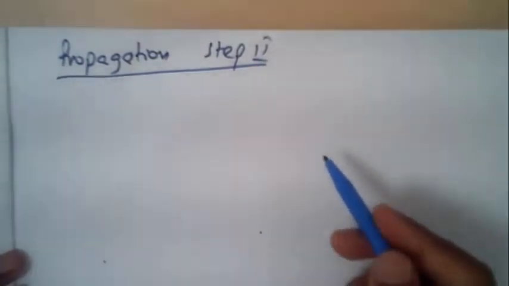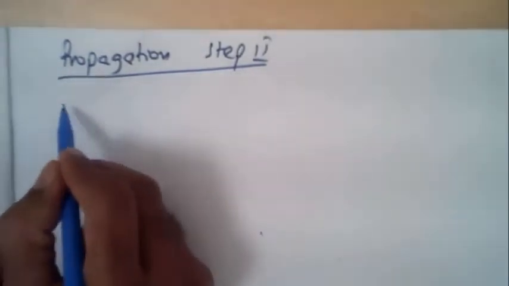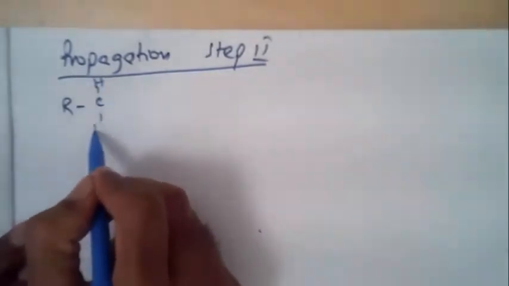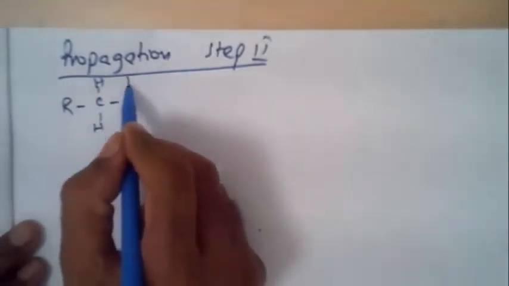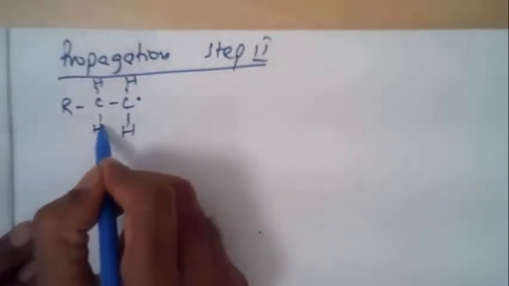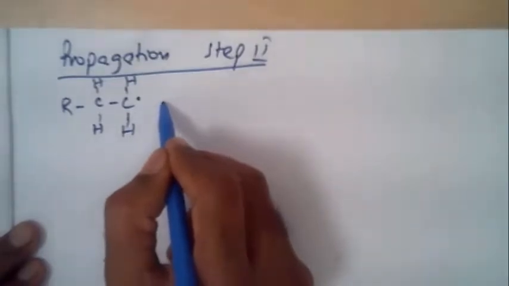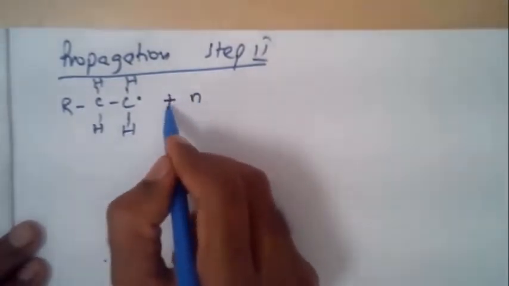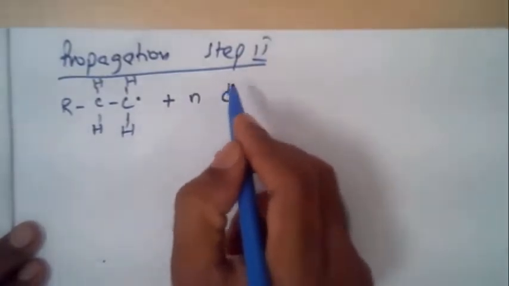In the propagation step, now you have R CH2 dot, which reacts with, let's say, n number of molecules.